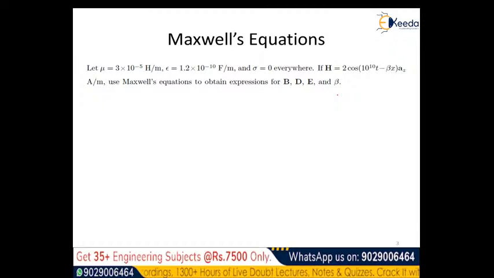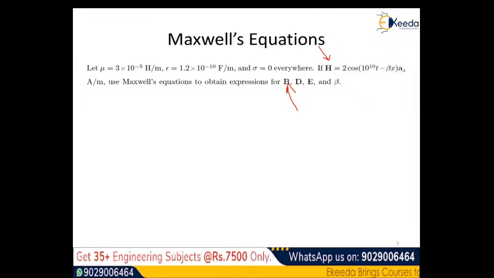So let us start by first determining the expression for capital B. We know that capital B is the magnetic flux density, and capital H is the magnetic field intensity.